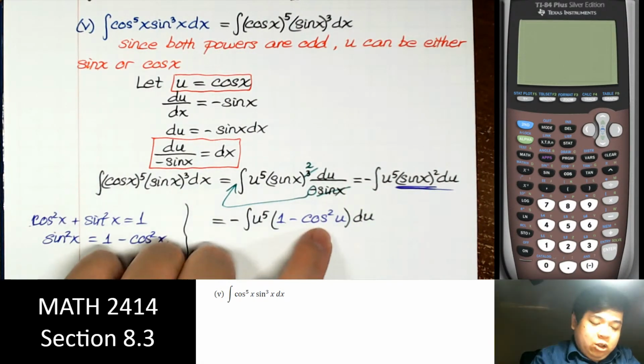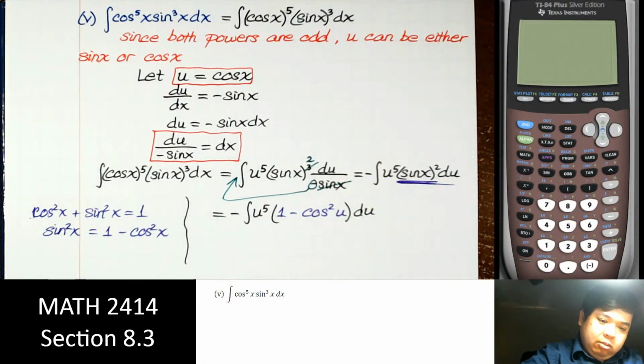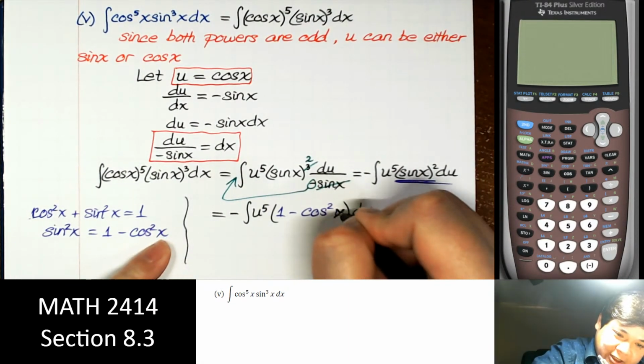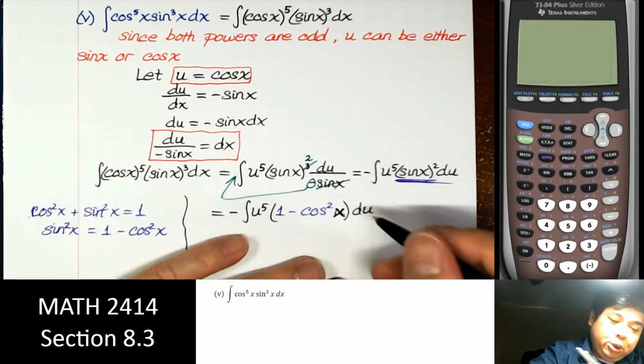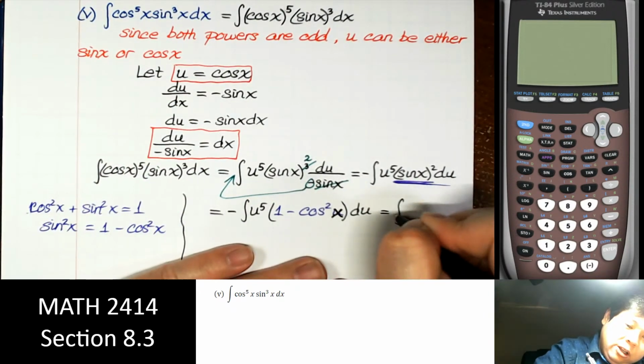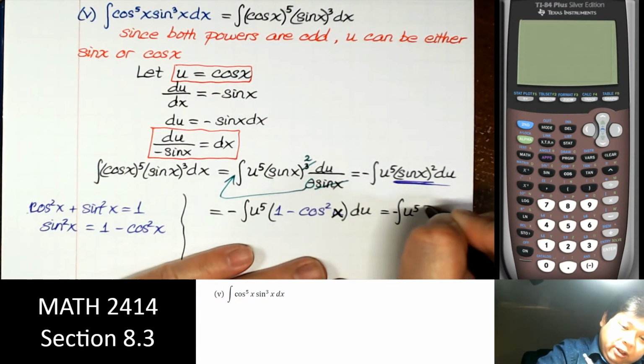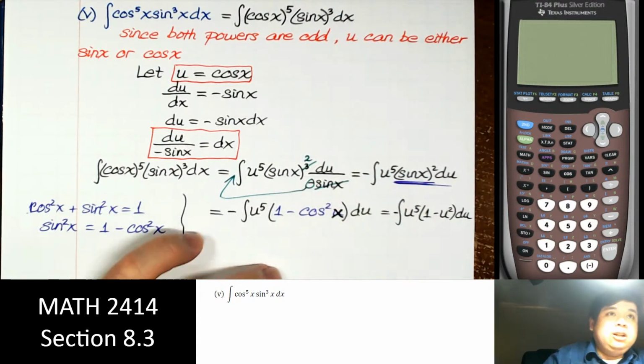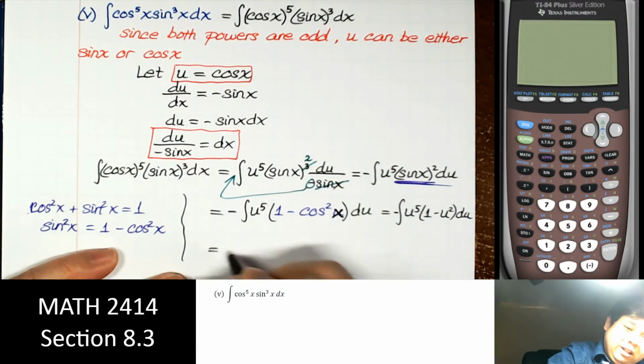And then the cosine square, I don't know why I wrote u, but this will be x. Cosine square is u, so we end up with negative u to the fifth times 1 minus u square du, which is simple enough.